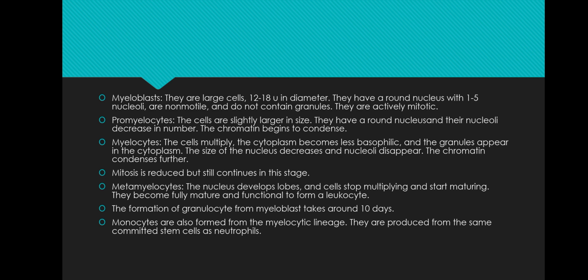They are produced from small committed stem cells, and from these the monocytes appear. The monocytes require 6 days for the formation of the full cell.